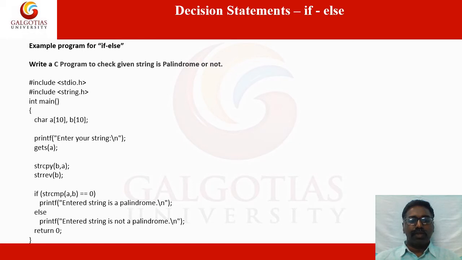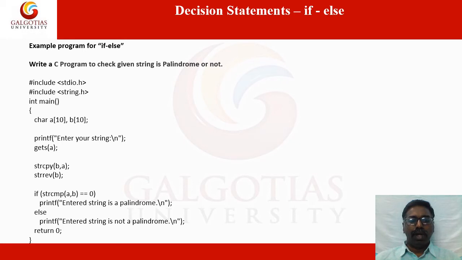Now we ask the user to enter a string, and using the gets function, with a inside the argument, we get the string from the user and assign the value to a. And I am using another function called string copy, that is strcpy(b, a). What is the meaning of that? The value of a is going to be copied into the string b.